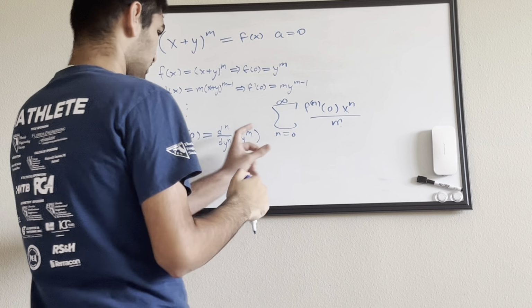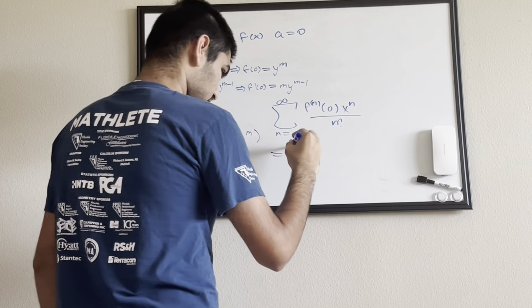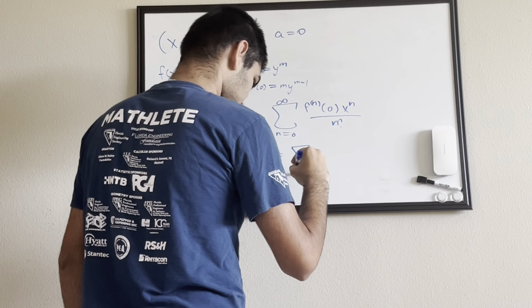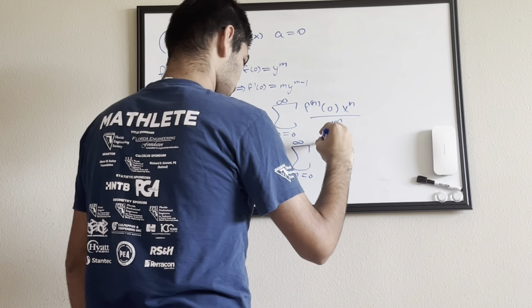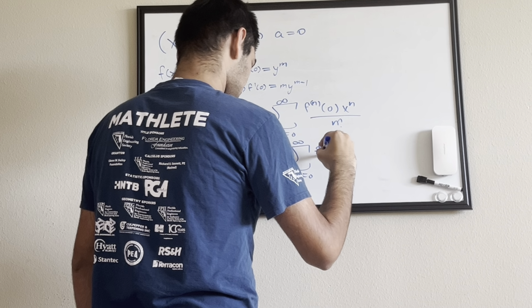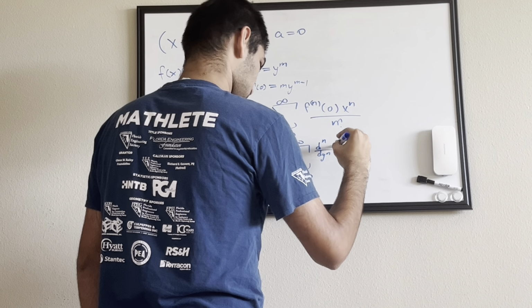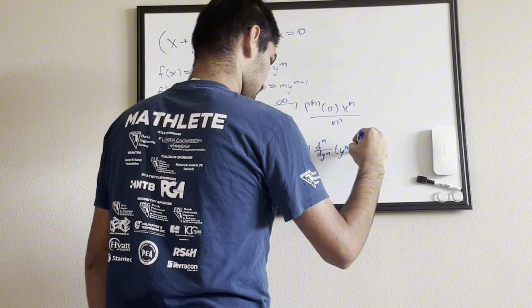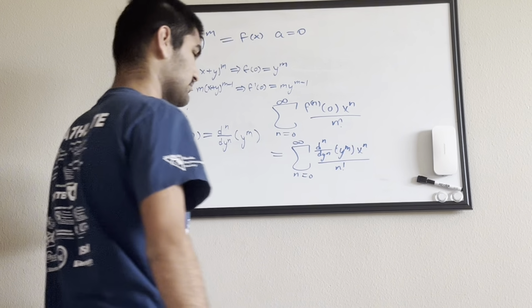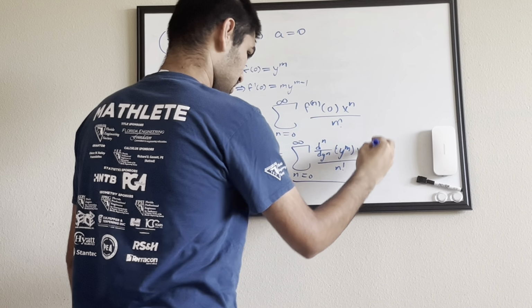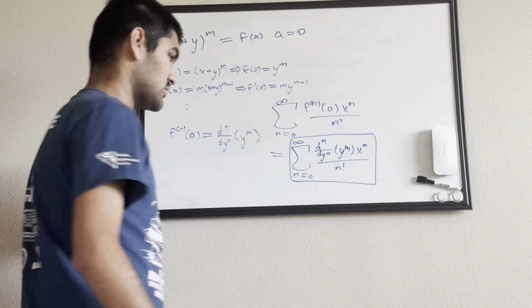So then we can plug in that formula, and you get the following series: the nth derivative of y to the m times x to the n over n factorial, right? And so this is the Taylor series I was talking about.